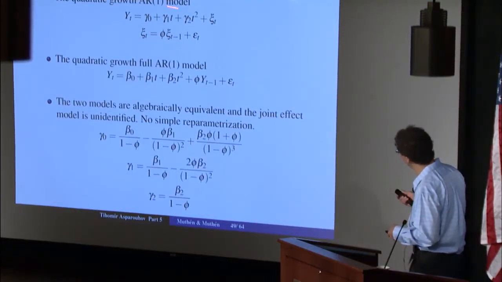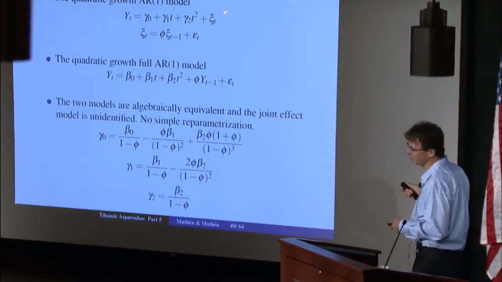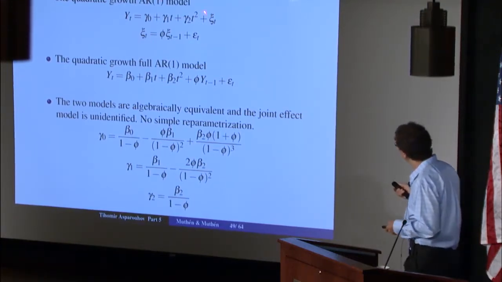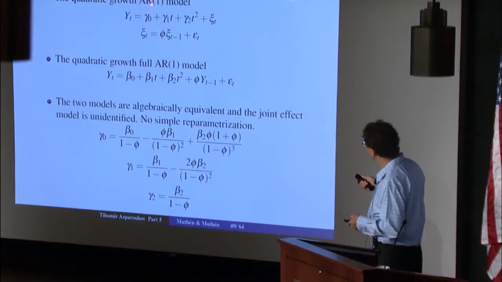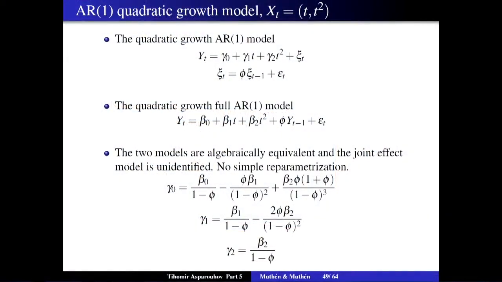But anyway, I worked through the quadratic growth model. Again, in the quadratic growth model, you have the residual AR1 model: the quadratic trend, and then the autoregressive equation for the residual. Then you have the full AR1 model with a quadratic trend, where the trend is within the autoregressive part of the model.